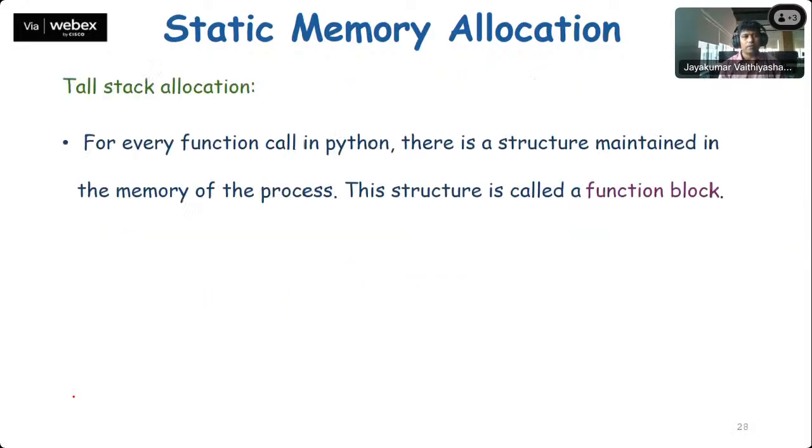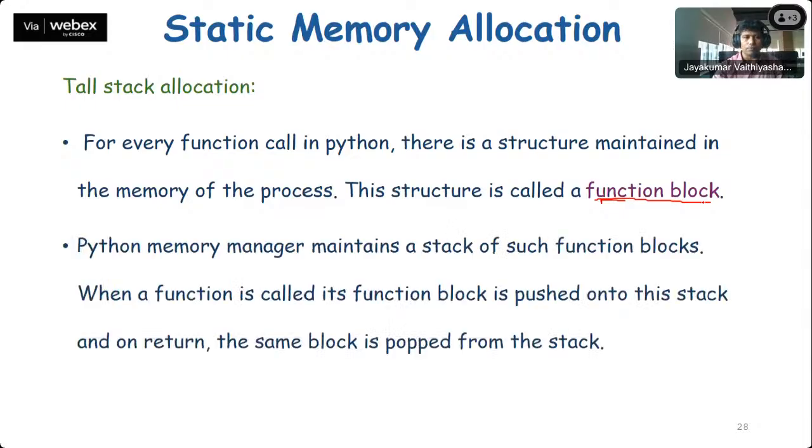For each and every stack allocation, every function call in Python, there is a structure maintained in the memory process. This structure is called a function block. When you create a variable for each function, it will maintain some memory. The Python memory manager will maintain all the stack-like function blocks.